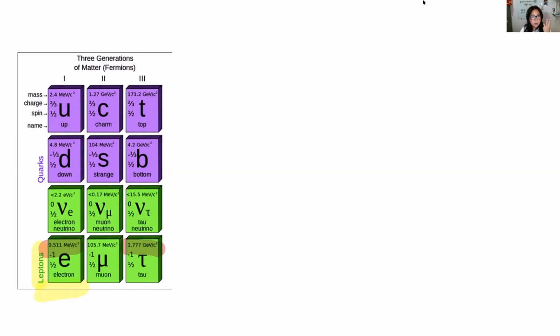So 1 up and 2 downs makes the electric charge 0. On the other hand, 2 ups and 1 down would make a positive electric charge, so a proton is made of 2 ups and 1 down. This may also explain why protons and neutrons are heavier than electrons, because they're made of smaller fundamental particles called quarks.